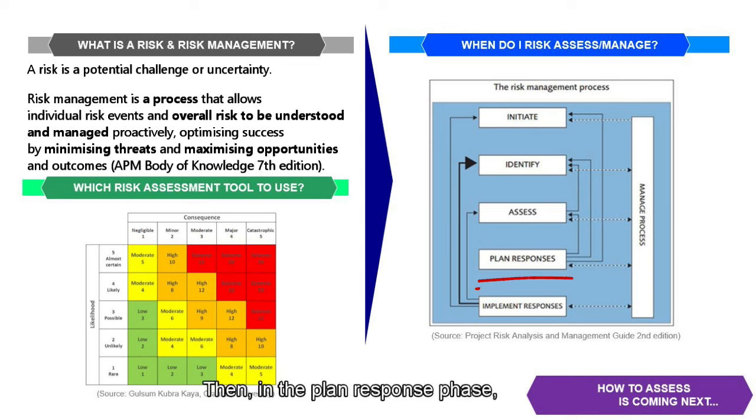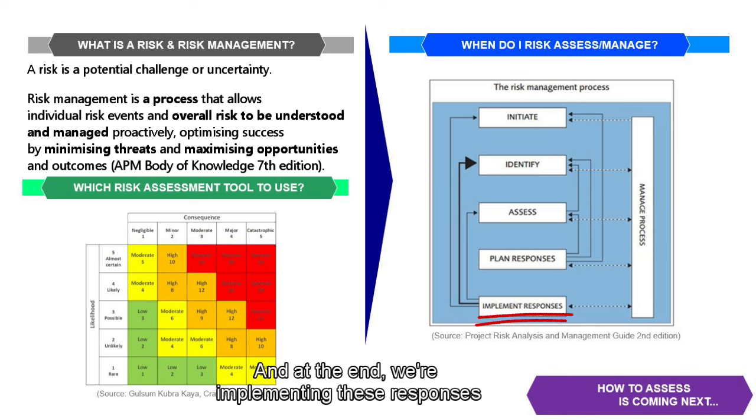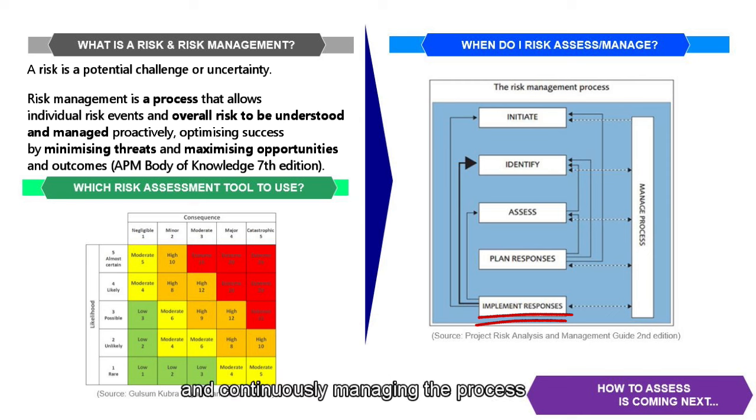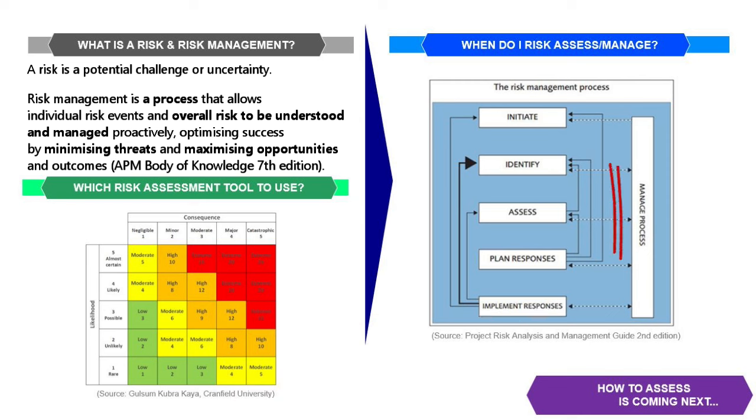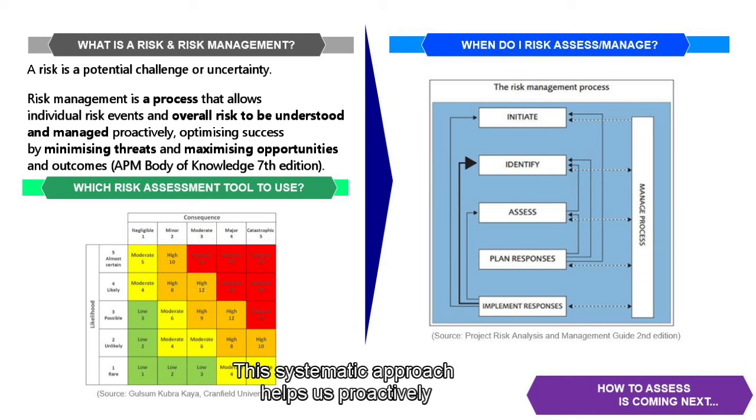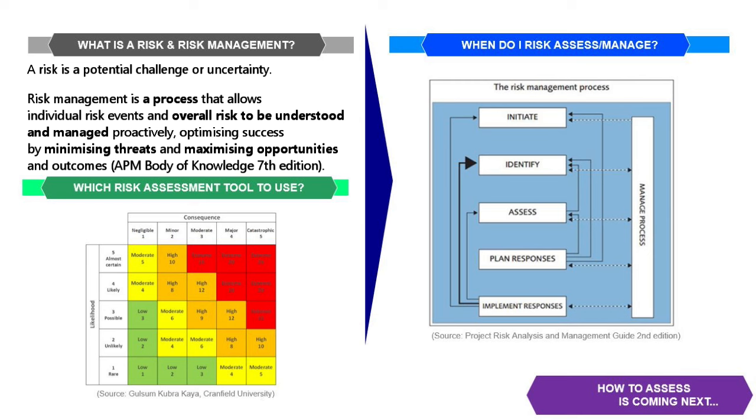Then, in the plan response phase, we develop strategies to mitigate or exploit these risks. And at the end, we implement these responses and continuously manage the process in order to adapt to changing circumstances. This systematic approach helps us proactively address and navigate risks in our projects, ultimately increasing the chances of success.